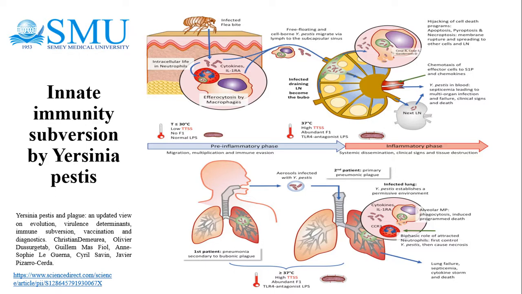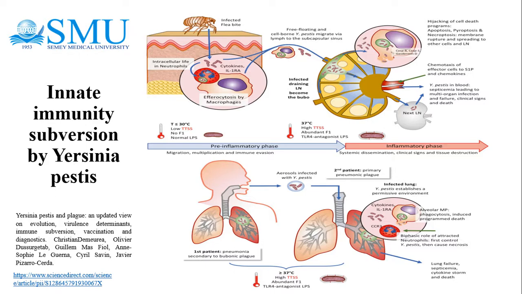It has now been shown that Yersinia pestis grown at flea temperature, close to that of the host skin, at which the T3SS is not yet upregulated, can survive and replicate within human neutrophils. And Yersinia pestis can also transit from this first niche to a second one.